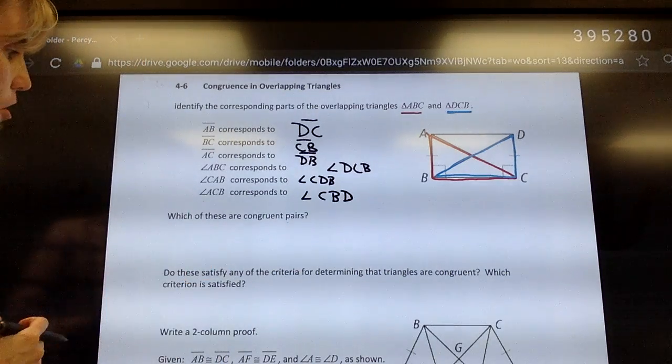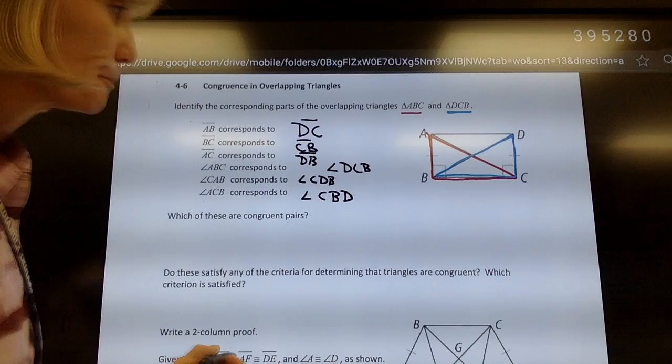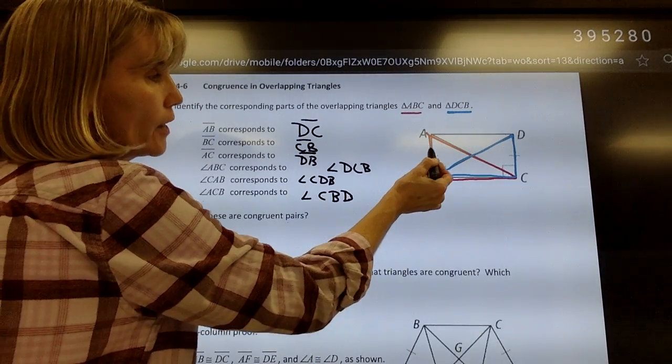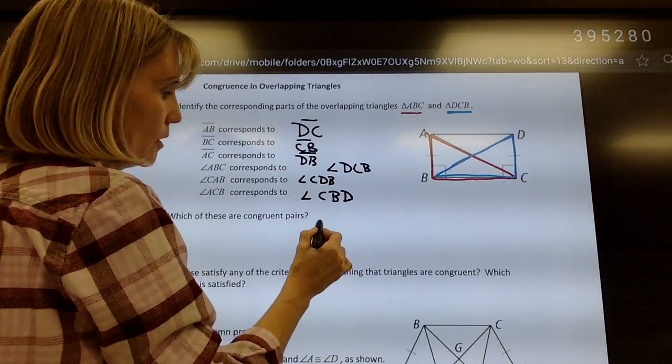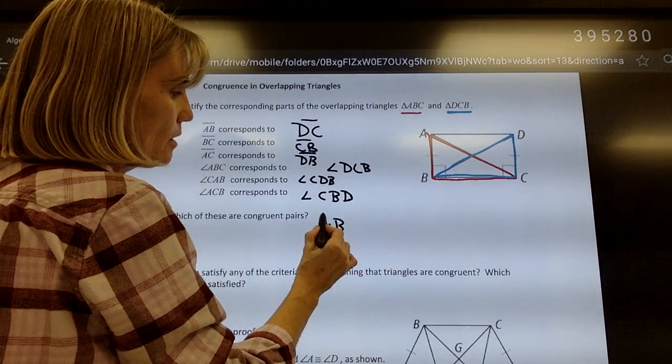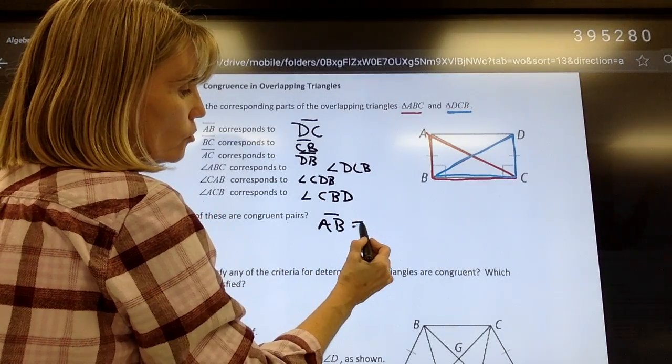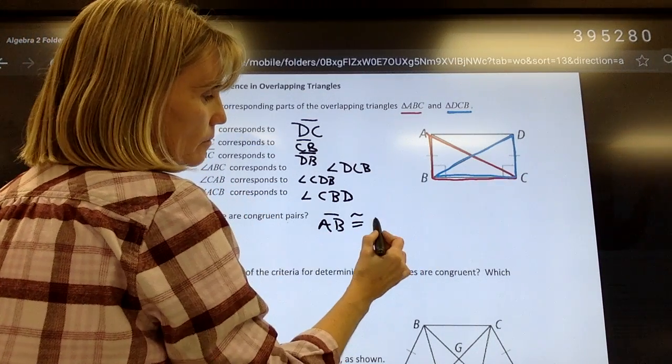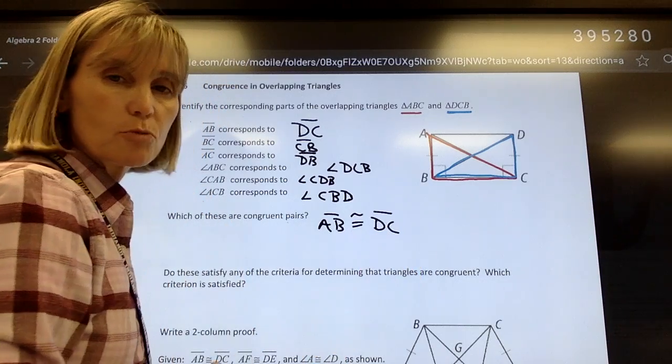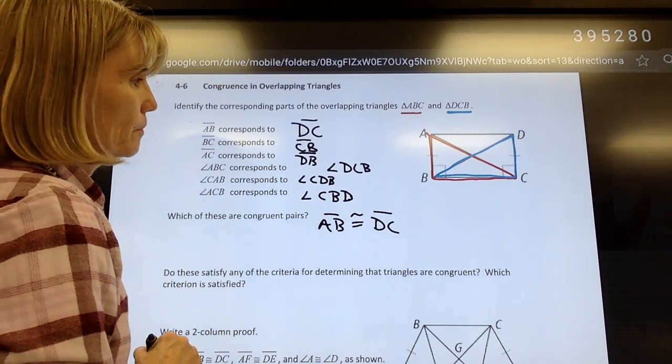It says, which of these are congruent pairs? Well, we know that segment AB, which has a tick mark, is congruent to segment DC. We know that because we see one tick mark in the drawing.